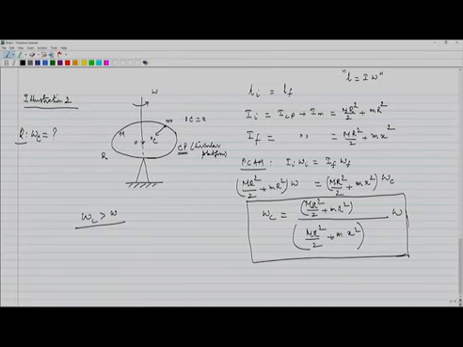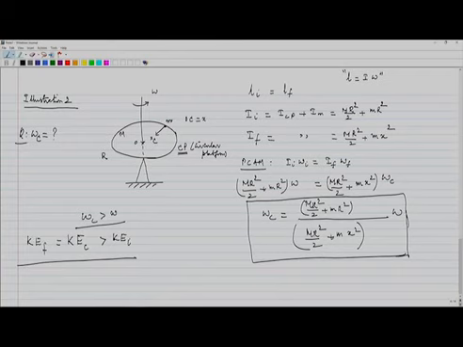It implies that the rotational kinetic energy at C is greater than the rotational kinetic energy initially. That means as this mass little m moves towards the center, the kinetic energy of the entire system is increasing.